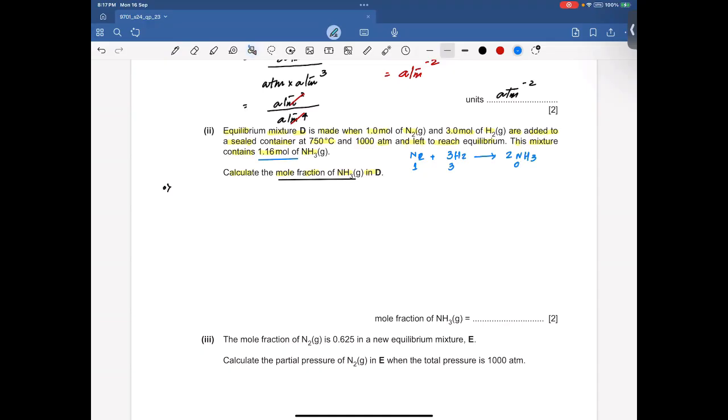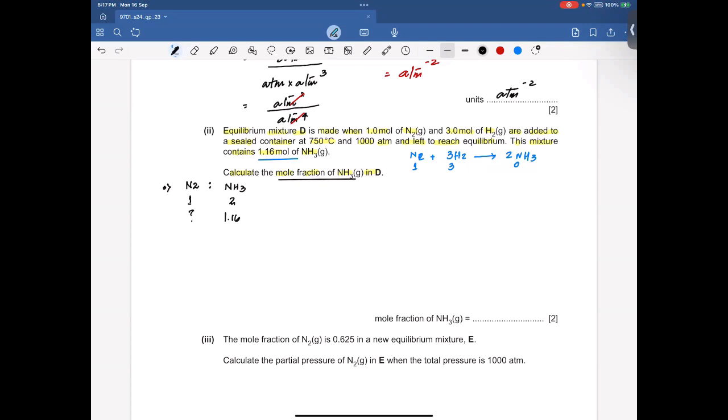In the first step, I'm going to compare nitrogen versus ammonia. According to the equation, both of them have a 1:2 ratio. At equilibrium, ammonia has 1.16 moles.